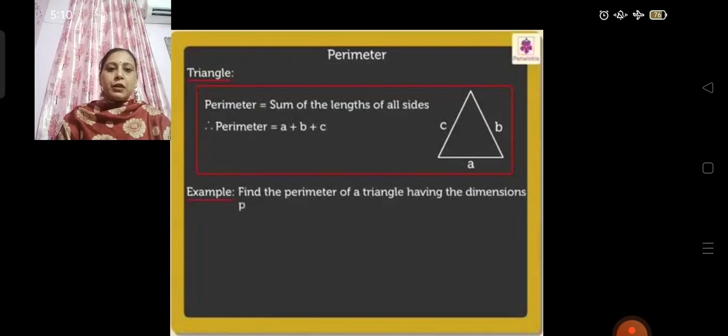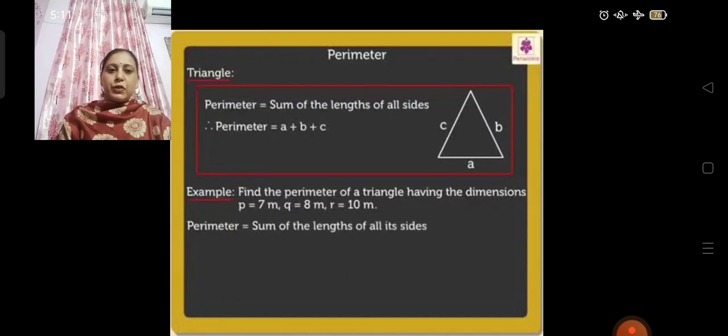I want to find the perimeter of a triangle having the dimensions P as 7 meter, Q as 8 meter and R as 10 meter. Now to find the perimeter of this triangle, I will write the formula as perimeter is equal to sum of the length of all the sides of a triangle.